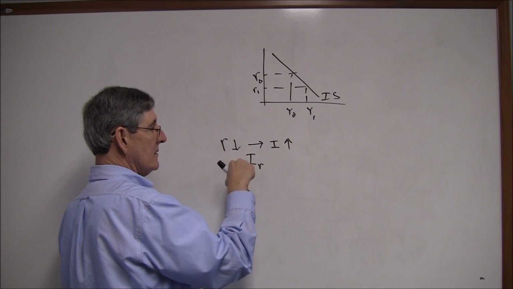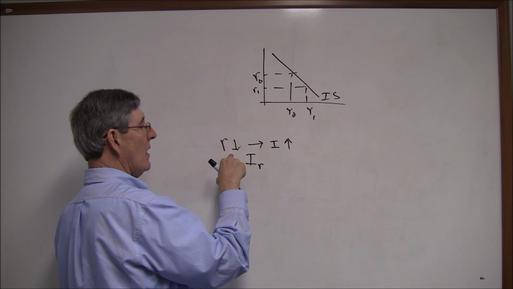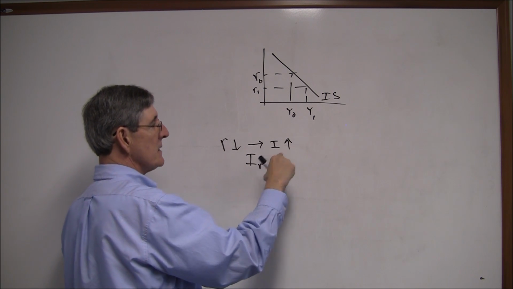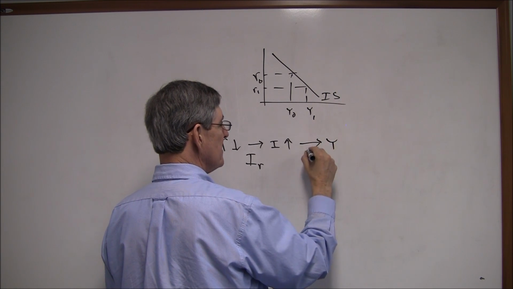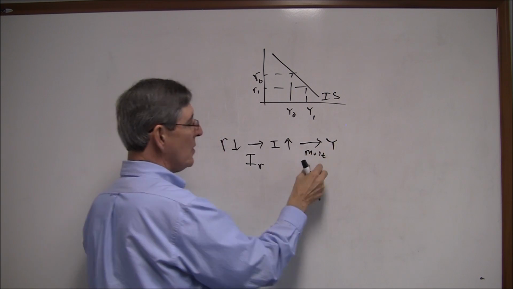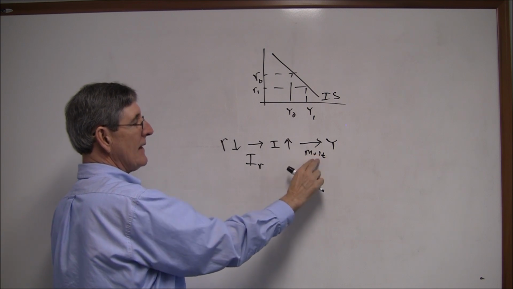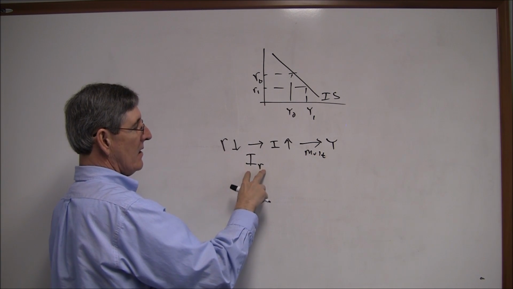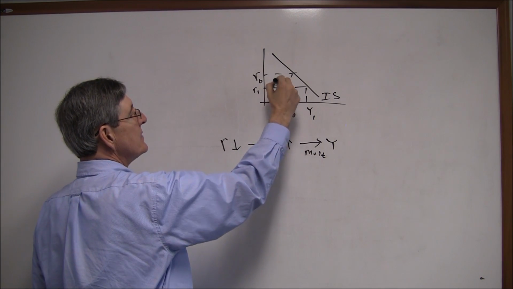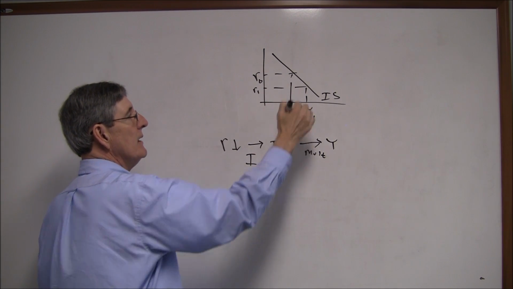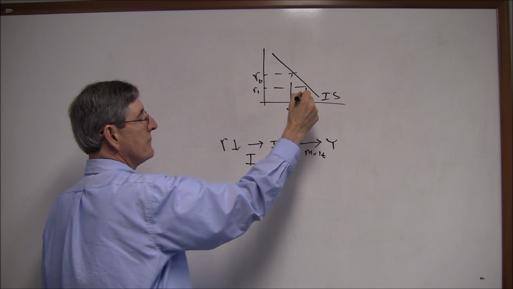I of R tells you that for a given R fall, how much investment goes up. Then income goes up, and this is by the multiplier. So the multiplier plays a role here, but we're holding that constant, and I of R comes in here. So in this case, we lowered the interest rate, investment went up, and that drove income up.